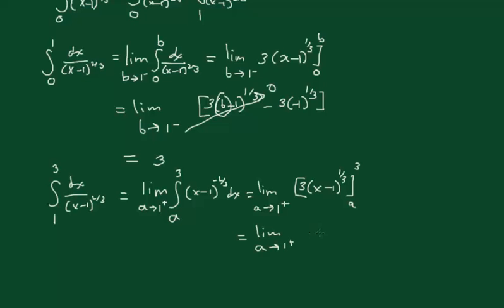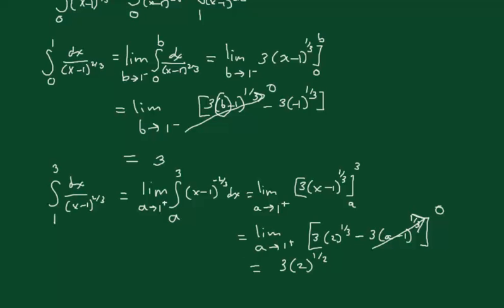We plug in the 3, and we get 3 times 2 to the 1/3, minus 3(a minus 1) to the 1/3. As we approach 1, this expression goes to 0, and we're left with the constant, which is 3 times 2 to the 1/3, or 3 times the cube root of 2.